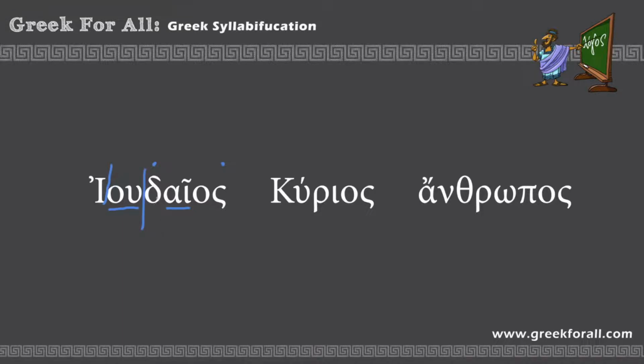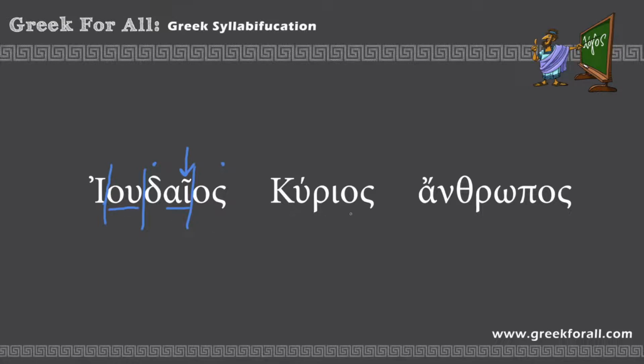Then we have delta plus another diphthong, so we break it here as well. And so what do we have? We have I, U, Dai, Os. And we need to stress this syllable because it has an accent right here. Iudaios. A very complex word, but when we break it down, it's easy to work with.